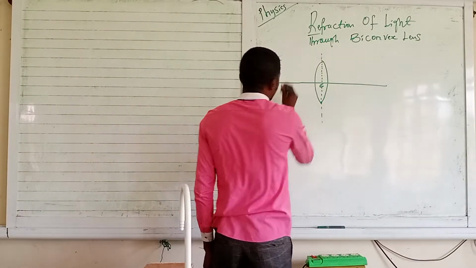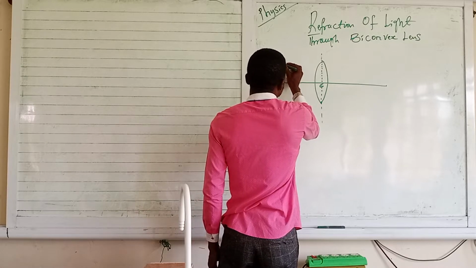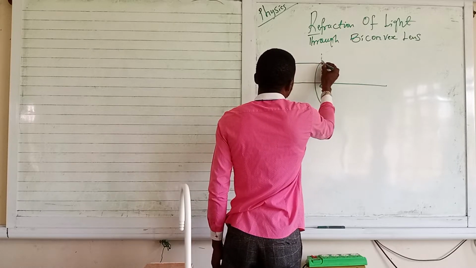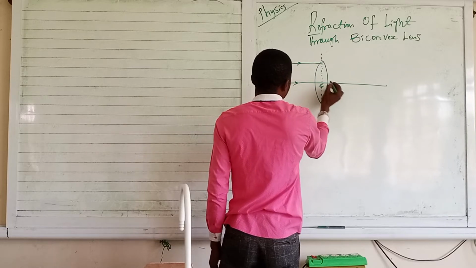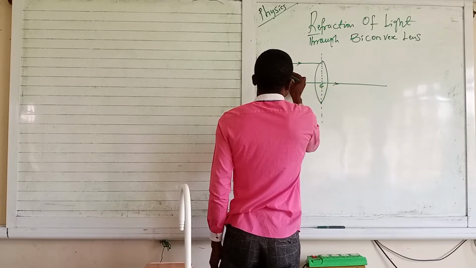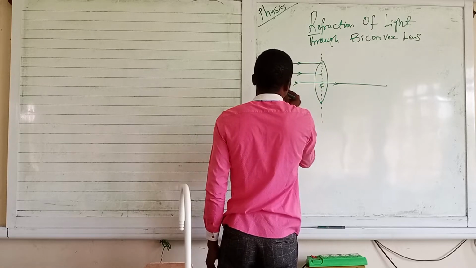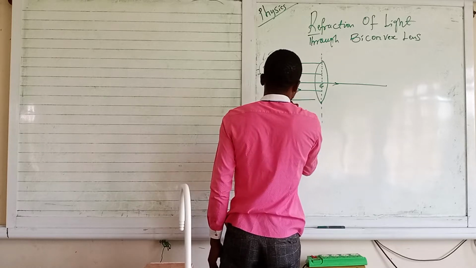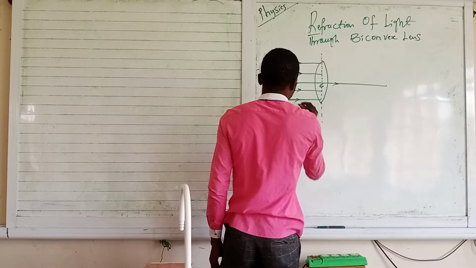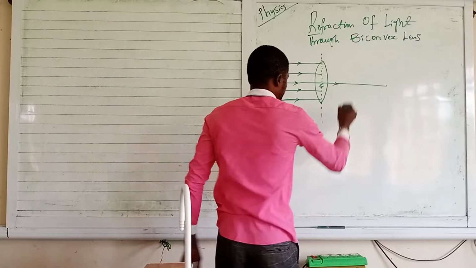So if the rays of light are incident on this surface, the parallel rays of light incident on the surface, the rays will tend to converge at a point.